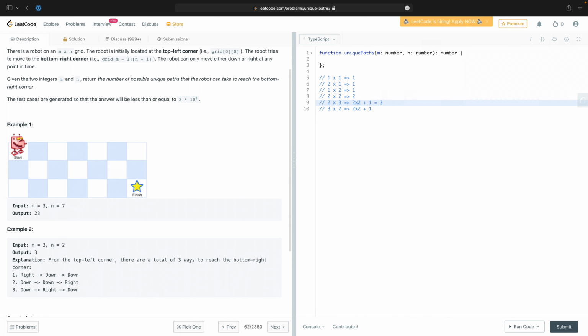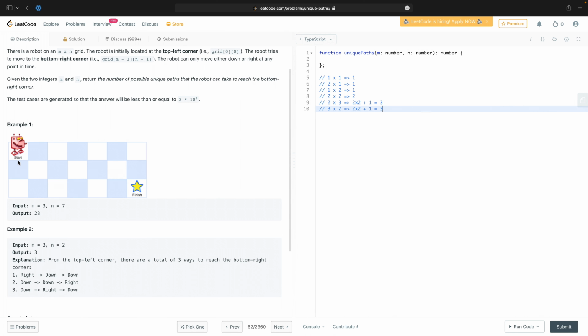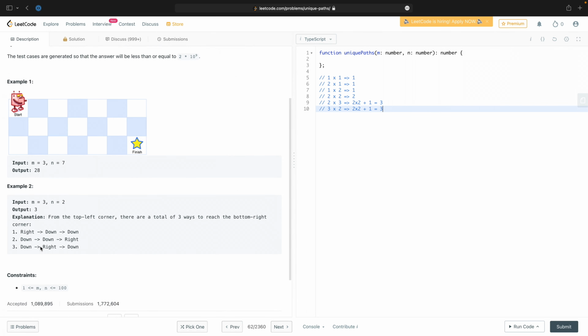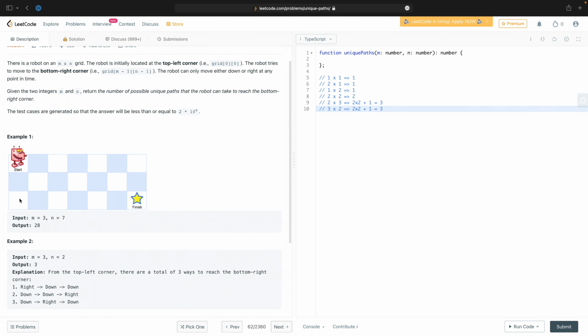So that one's 3, and that one is 3. Does that make sense? Yeah, it does, because that's what that answer is. So 1, 2, 3, 1, 2, 1, 2, 3.